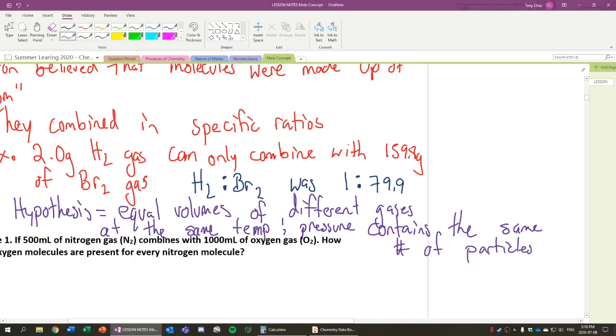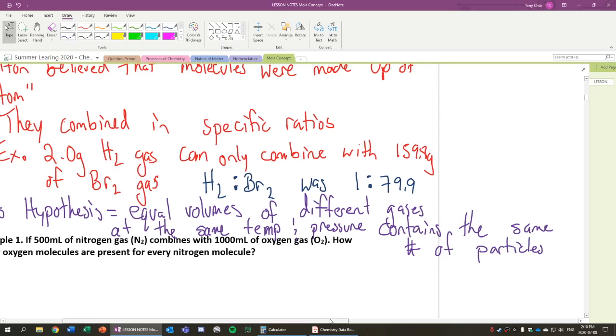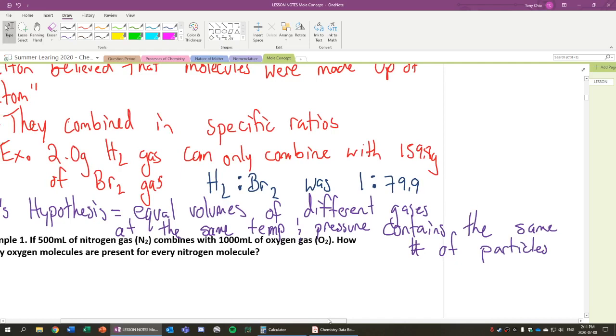Okay, so that's what he's saying, is that if you have equal volumes of different gases at the same temperature and pressure, they contain the same number of particles.